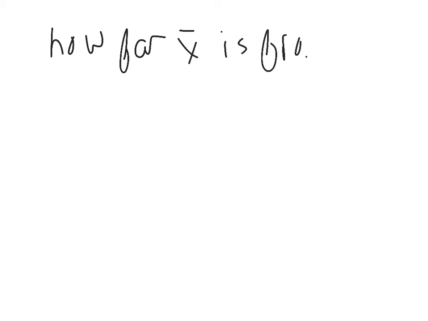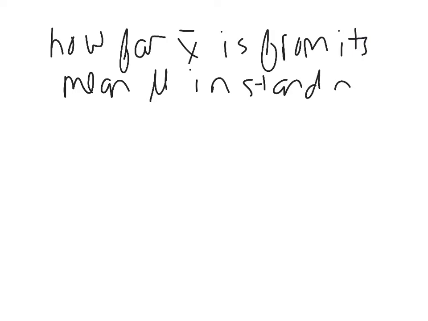We interpret this the same as we would any other standardized statistic. It tells us how far the sample mean x-bar is from its mean mu, from the population mean, in standard deviation units.